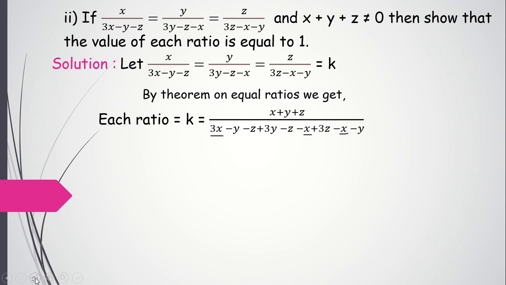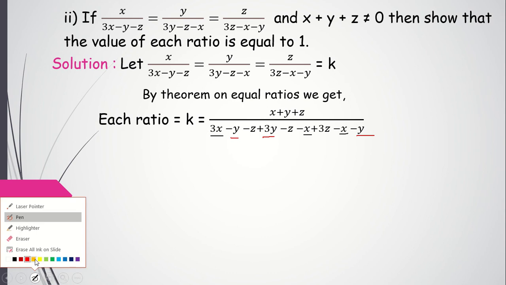Similarly, y, 3y minus y. Minus y will become minus 2y. Minus 2y plus 3y will become y. 3y minus 2y will become y.